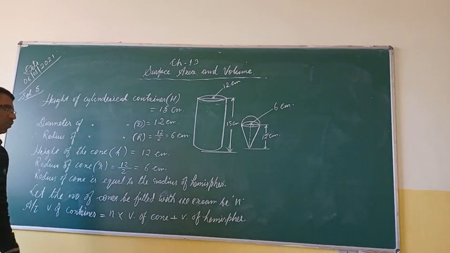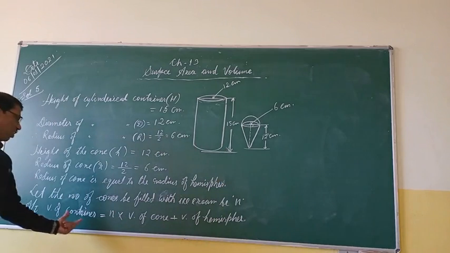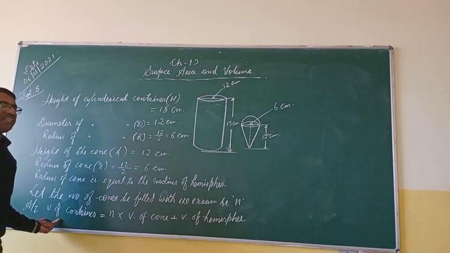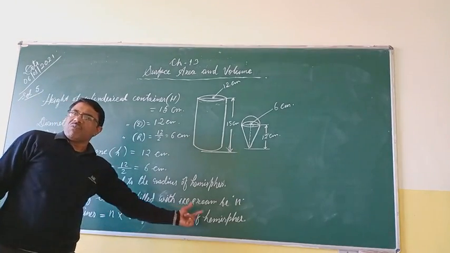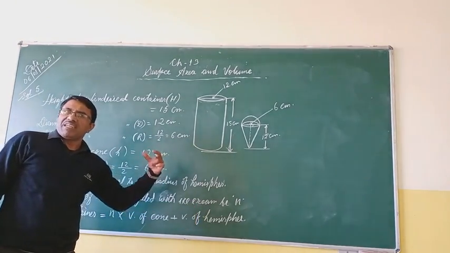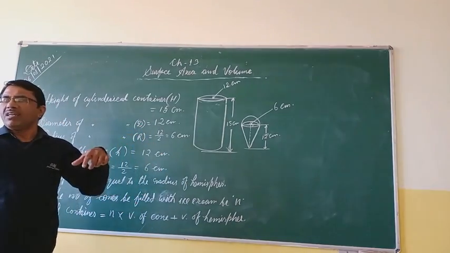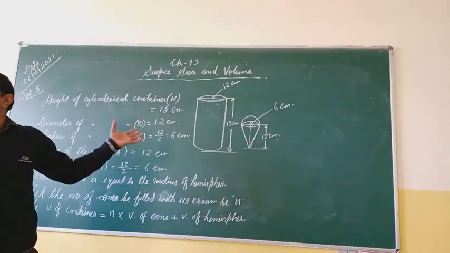Now students, we shall write the formula of cylindrical container, formula of cone and formula of hemisphere. After that, at first we solve the formula, then we put the values of height and radius.